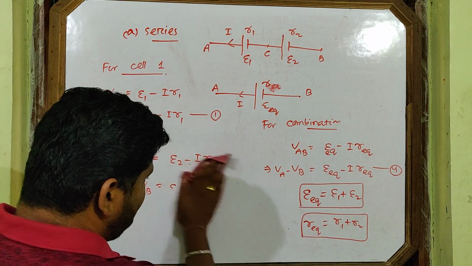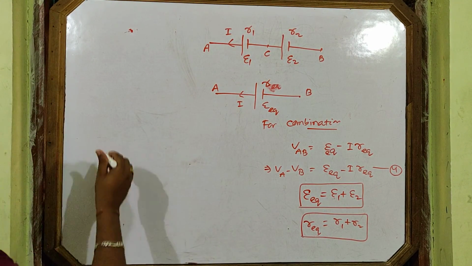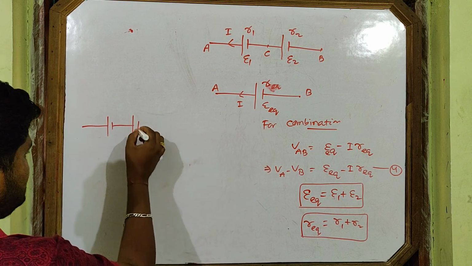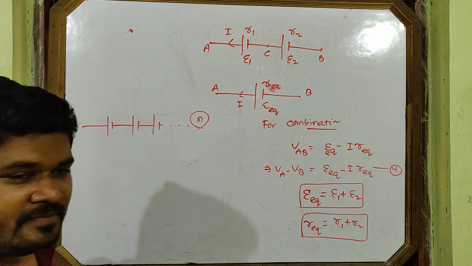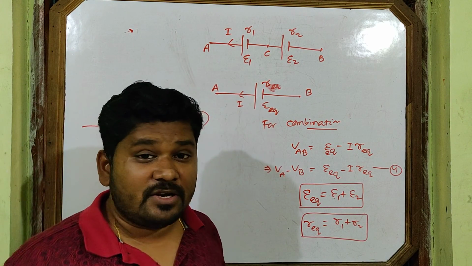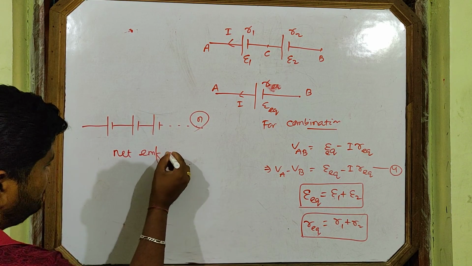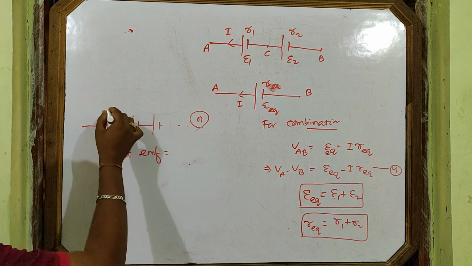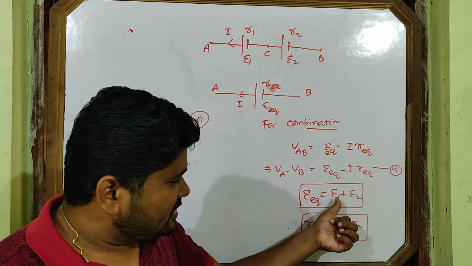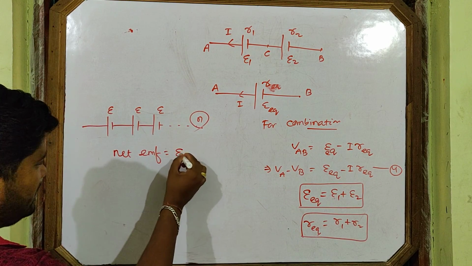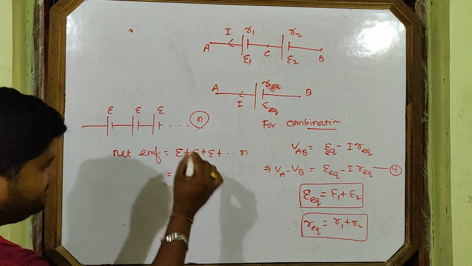But one thing, suppose many cells are connected here, like this, n number of cells are connected. If many cells are connected, then what will be the net EMF? Now you use the formula, suppose each cell is of the same EMF, E. E1 plus E2 will go on adding, E plus E plus E, n times, it becomes nE.